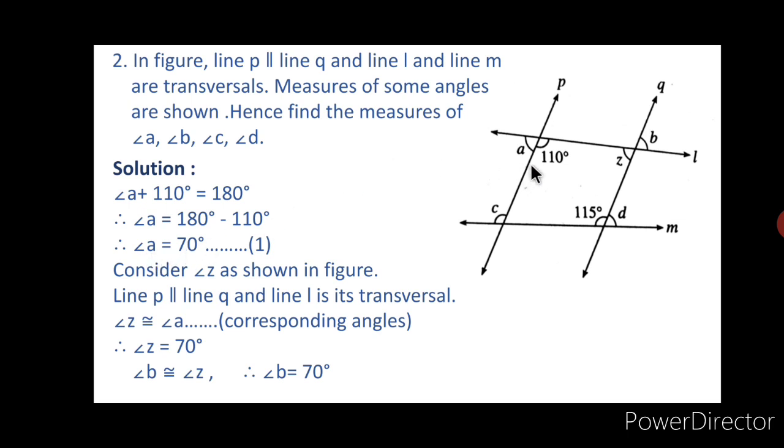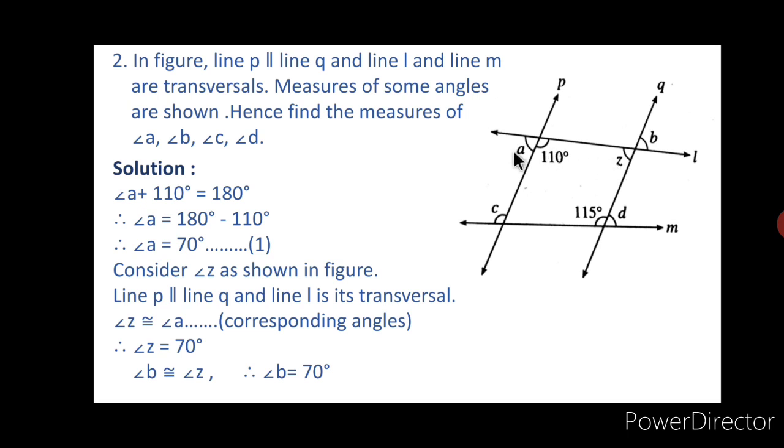Then we are considering here one another angle. The name of that angle is Z as shown in the figure. Line P is parallel to line Q, and when we consider firstly the line L as transversal, then angle Z is congruent to angle A because angle A and angle Z are corresponding angles and they are congruent.